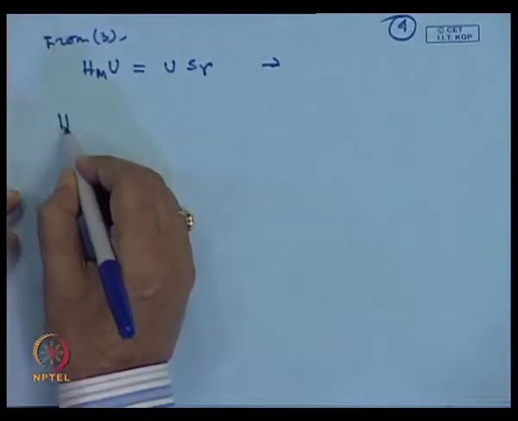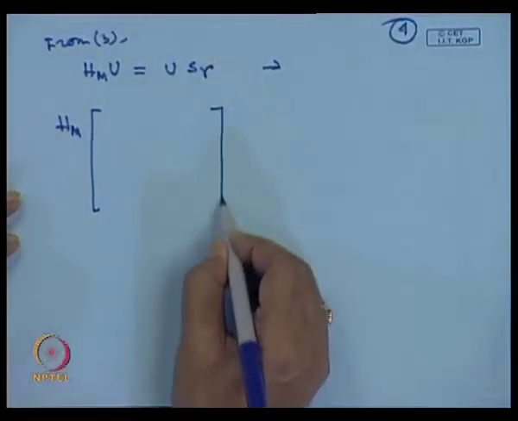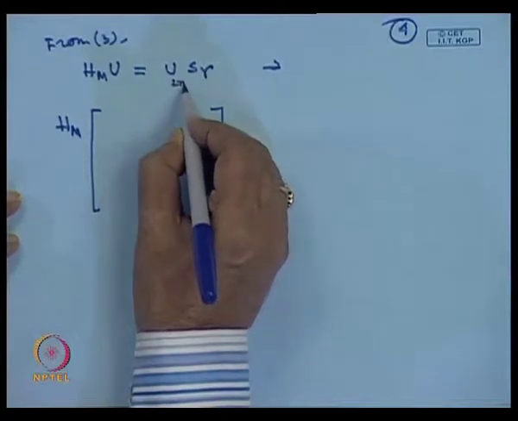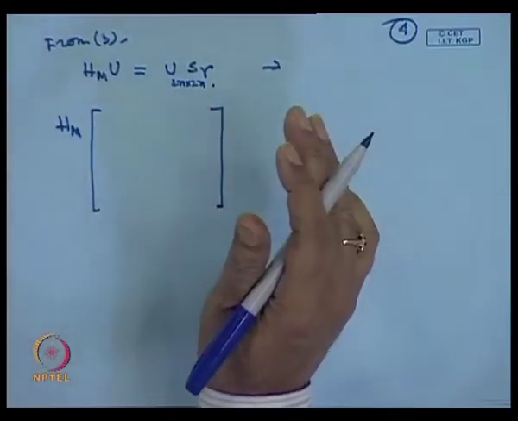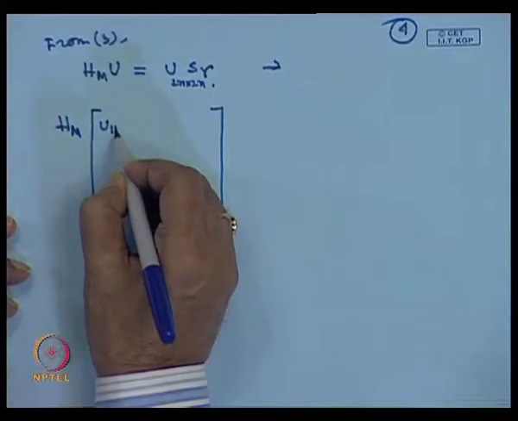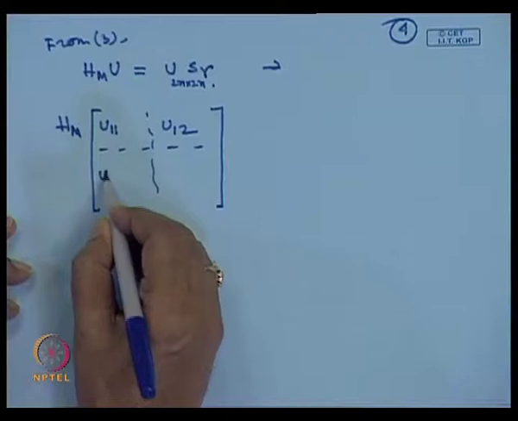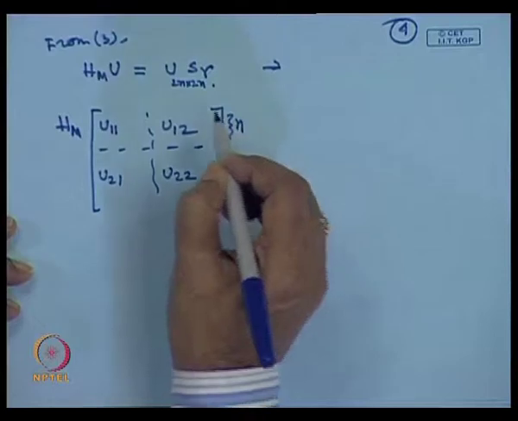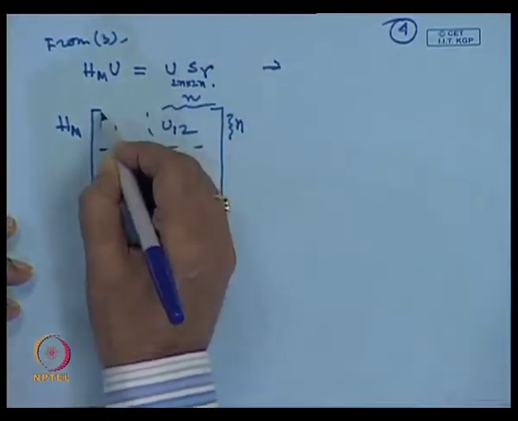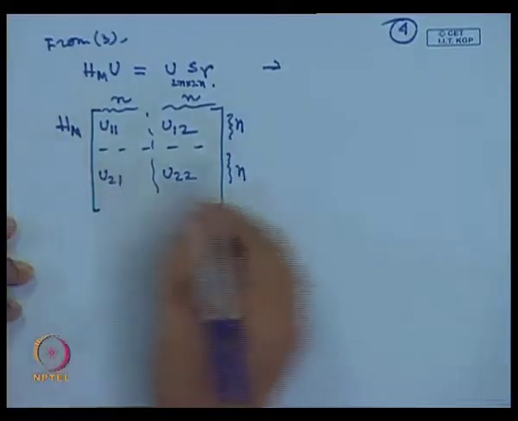Then let us write the detailed structure of U. If you recollect, U is a 2n cross 2n matrix. So, I am just putting it into 2 by 2 blocks: U 11, U 12, U 21, U 22. The number of rows is n, the number of columns is n, so you know all these things.